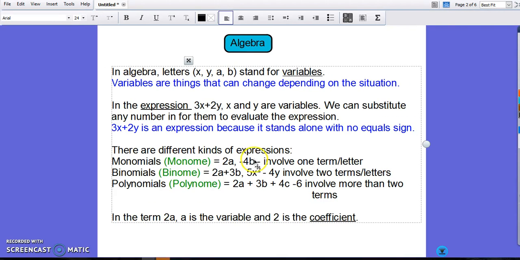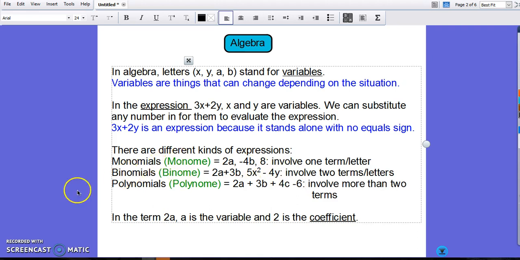And in each of these, I have letters, but I could equally well just add a number. So 8 is a term on its own, for example. And I'll do that so you don't get confused with an equal sign or a subtraction.